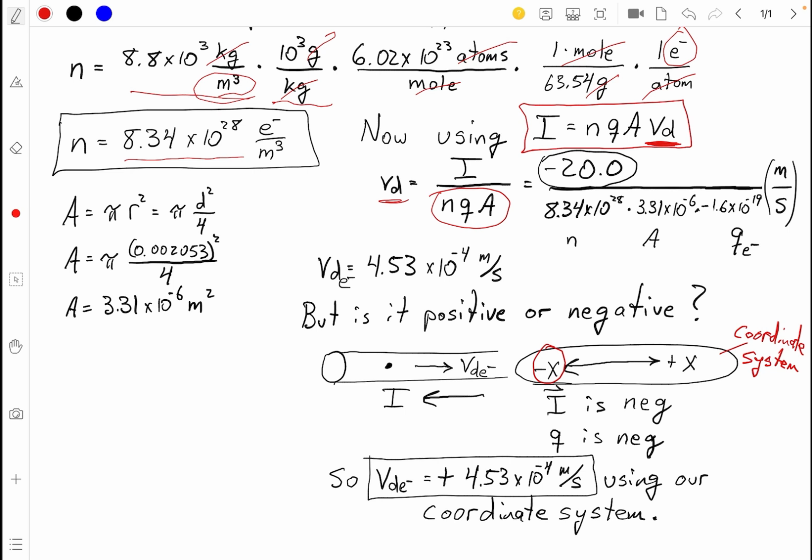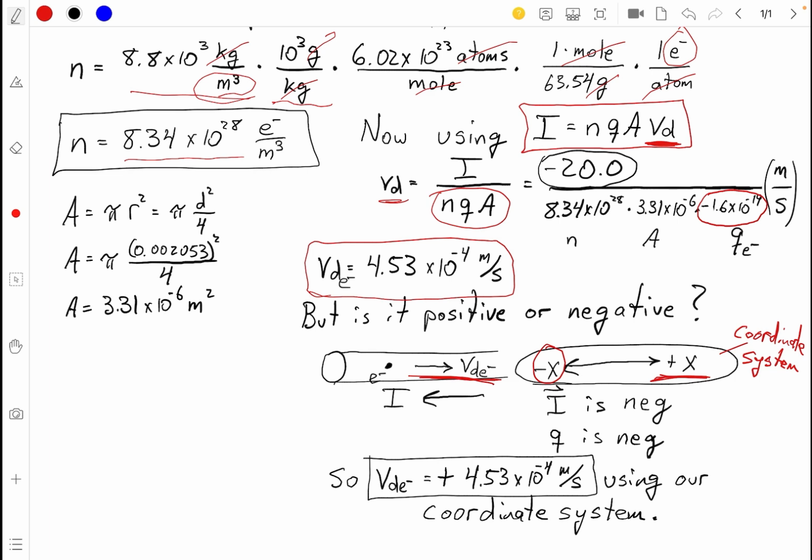But also down here, when I put my charge in, it's a negative electron. So those two negatives cancel out and leave me with a positive number. Is this really a positive number? Yeah, it is, because to the right is positive, and my drift velocity is positive. These little electrons are going in the positive direction.